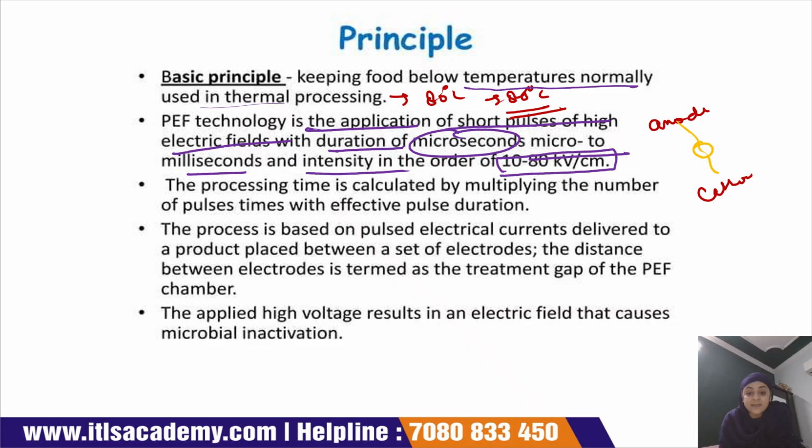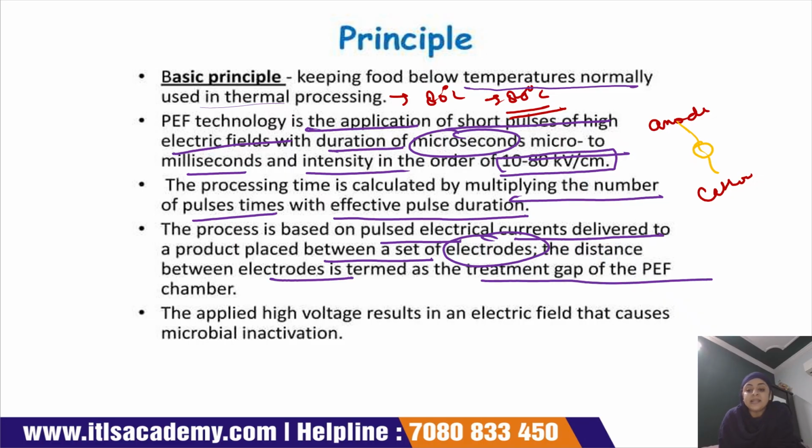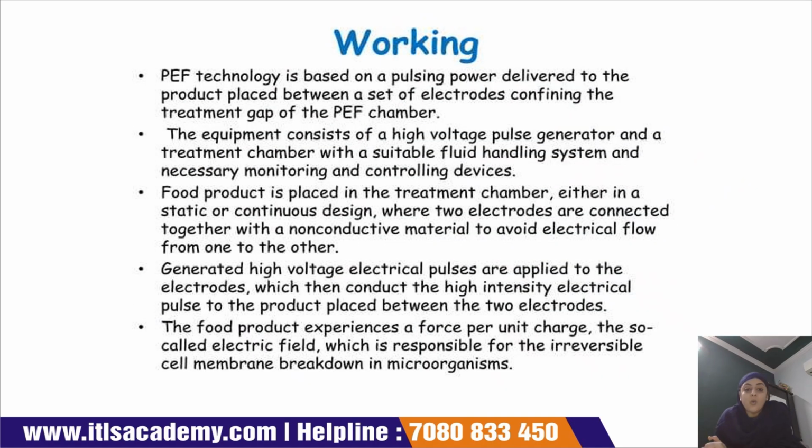The processing time is calculated by multiplying the number of pulses with the effective pulse duration. The process is based on a pulse electric current delivered to a product placed between a set of electrodes, and the distance between the electrodes is termed the treatment gap of the pulse electric field chamber. Applying high voltage results in an electric field that causes microbial inactivation.